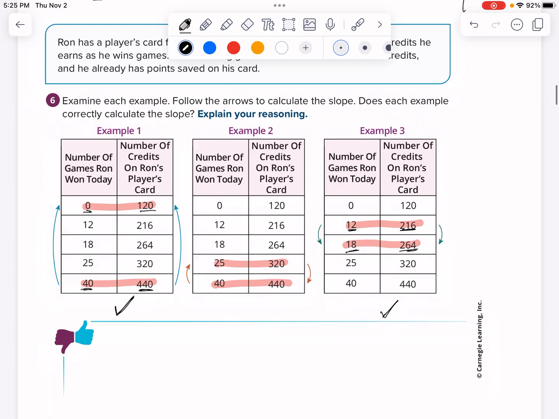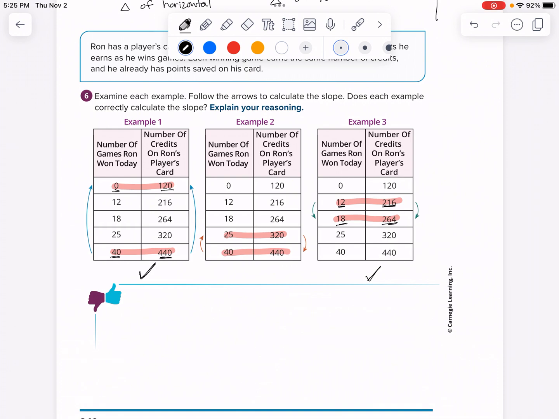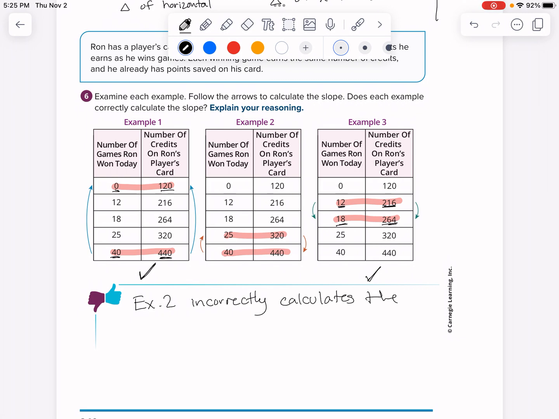And the second one, that is the counter example. We're going to say example 2, I'll just put EX2, incorrectly calculates the slope. So I'm going to put an X here.